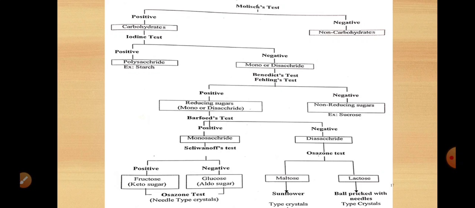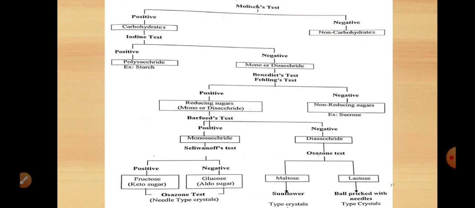So this is what I wanted to make you aware of with respect to the concept of qualitative tests associated with carbohydrates. I hope now you better know the concepts associated with the qualitative tests, where I tried to bring to your notice the importance of each qualitative test.